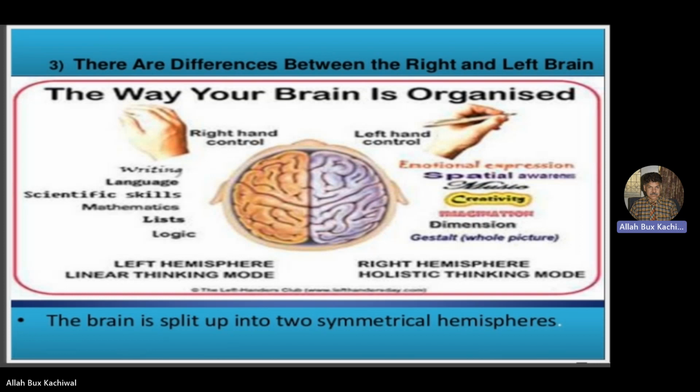The left hemisphere controls writing, language, scientific skills, mathematics, lists, and logic, with linear thinking mode, whereas the right hemisphere controls emotional expression, spiritual awareness, dimensions, gestalts, the whole picture, and creativity, with holistic thinking mode.